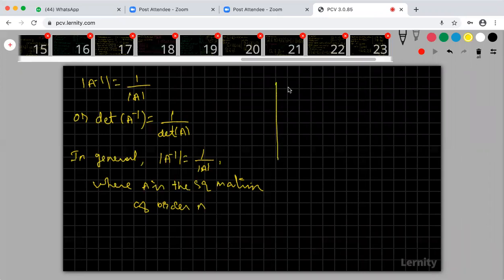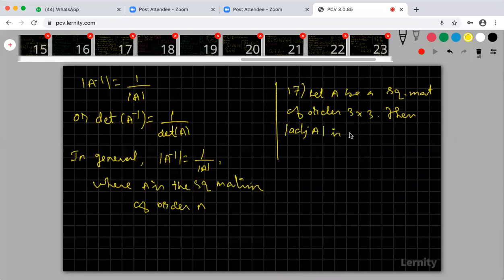Another question, question number 17 in that exercise. It's a very simple question. Let A be a non-singular square matrix of order 3 cross 3. Then determinant of adjoint of A is equal to dash.